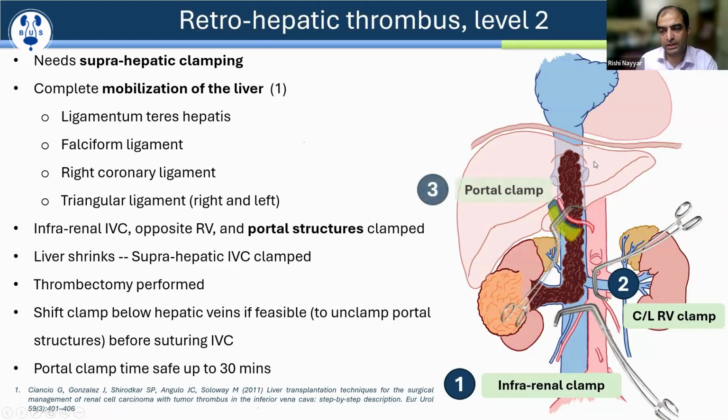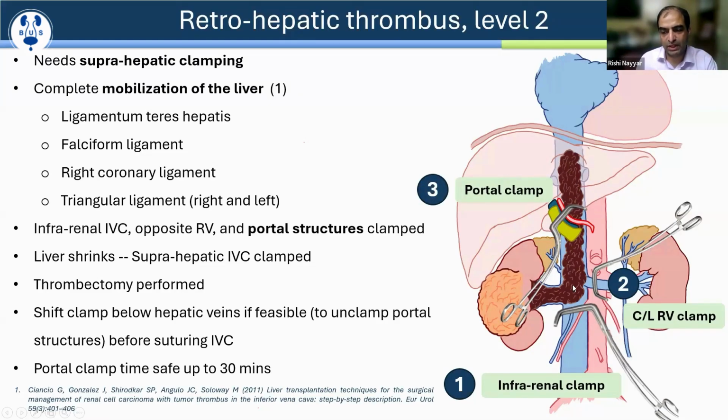So therefore, when the clamp has to be applied above the level of hepatic veins, it is essential that we also isolate the porta hepatis, where the portal vein, hepatic artery, and common bile duct together are clamped with a Satinsky clamp, so that the inflow into the liver is also blocked.